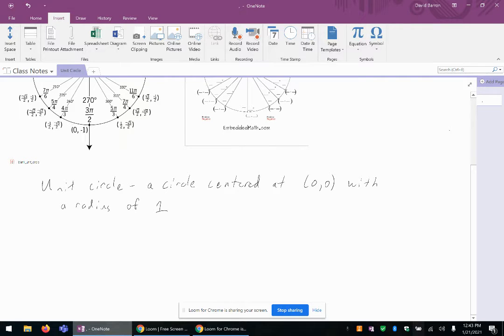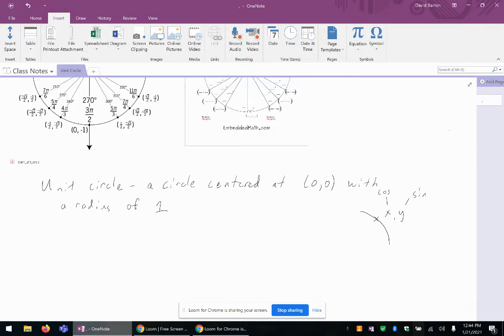And what a lot of trigonometry is about is studying x and y coordinates of the points on the circle, right? So you might have noticed that the sine function spits out the y coordinate of a particular location on the circle. And the cosine spits out the x coordinate of a particular location on a circle. And the circle that we're dealing with is the unit circle.